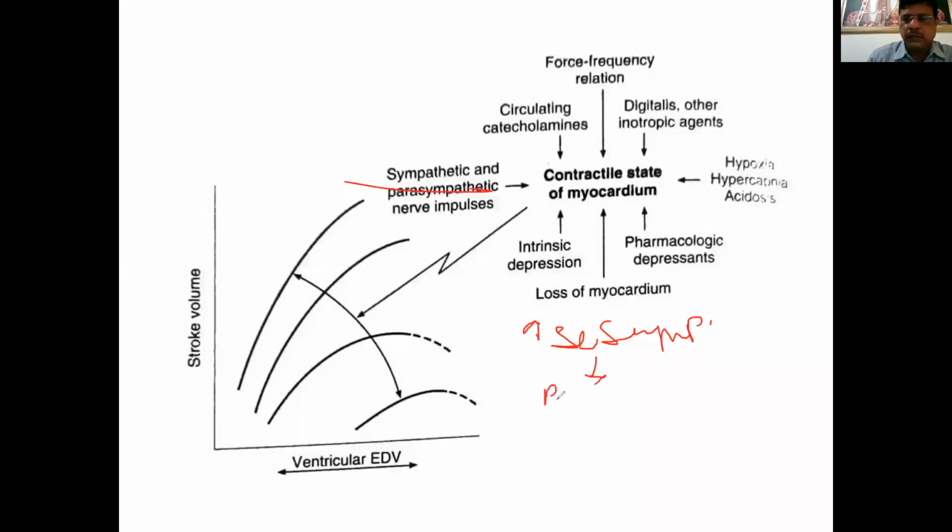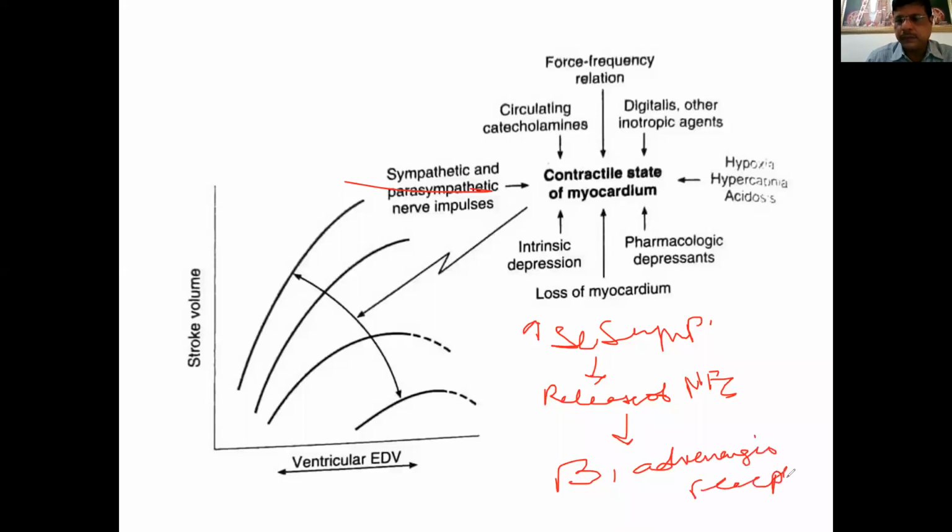There is release of, what is the neurotransmitter? Norepinephrine. Norepinephrine binds to beta 1 adrenergic receptors. Then what will happen next? Adenylyl cyclase is activated.